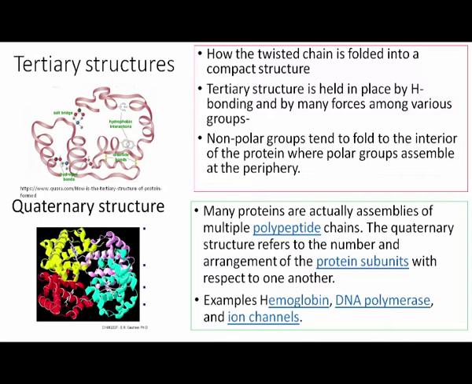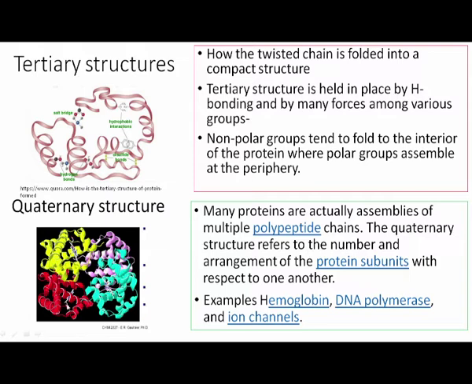So, what are quaternary structures? When many proteins assemble, or assemblies of multiple polypeptide chains, the quaternary structure is formed, and they refer to the number and arrangement of the protein subunits with respect to one another. For example, as I told you, hemoglobin is a classical example.